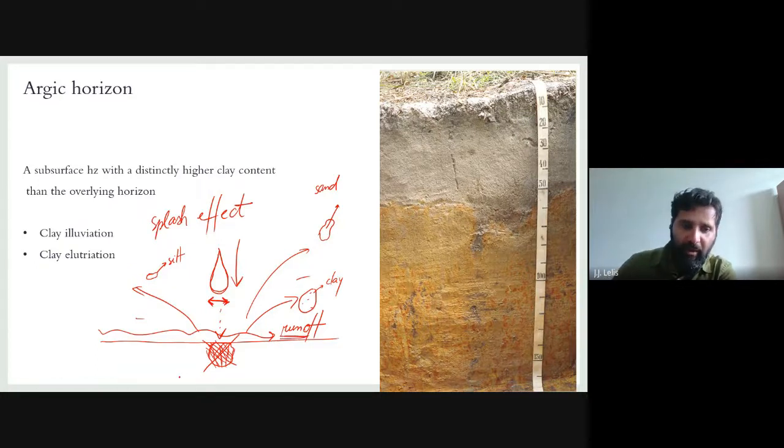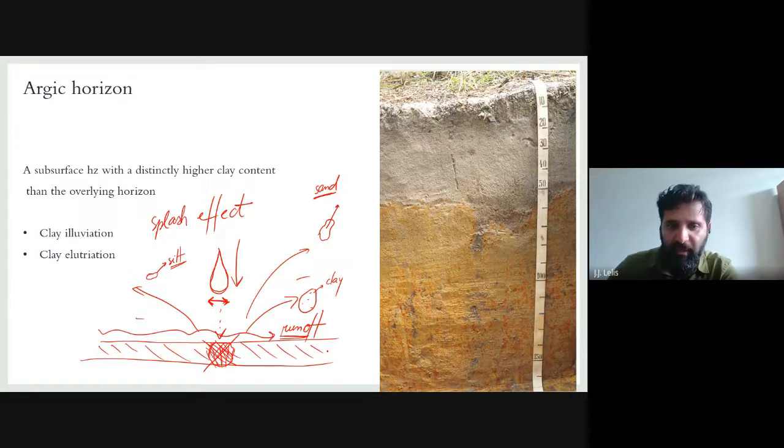And now we have a surface horizon that's losing the clay, so it starts to increase the silt and sand contents in the surface horizon, so it starts to present a sandy texture, and the clay is always being lost by the effect of runoff.